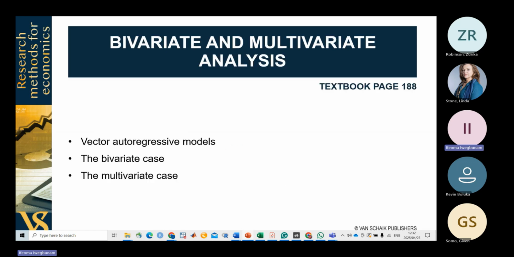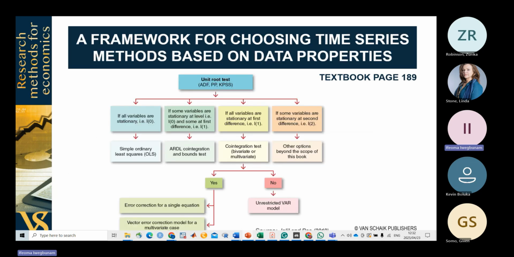We also have the bivariate and multivariate analysis, where we use the vector autoregressive model, as I've explained before, when we are doing the regression and observing the bivariate and multivariate cases.